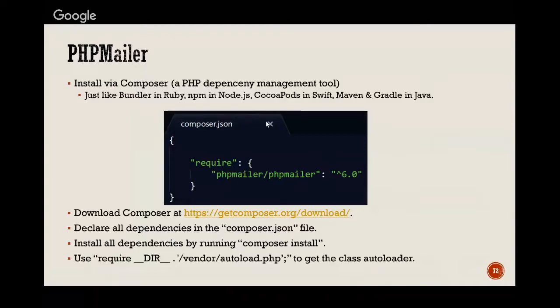So let's say you want to import some files or subclasses from PHPMailer, but it's a bit hard to import PHPMailer just like this, because you need to know the name or address of the class that you need to import.